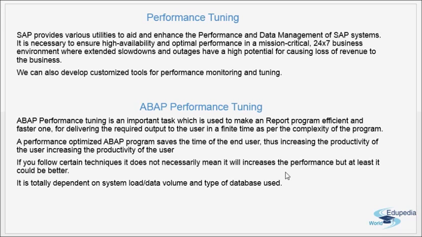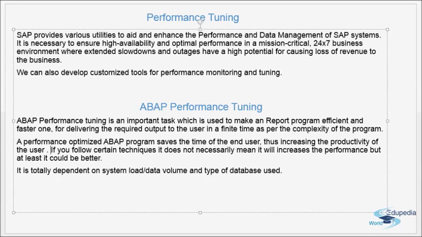A performance optimized ABAP program saves the time of the end user, thus increasing the productivity of the user. Some tasks are assigned to me, and if I have to wait 10 minutes at every step I run, that makes my work longer.